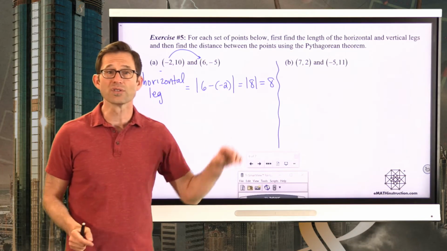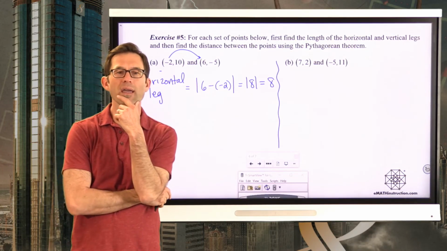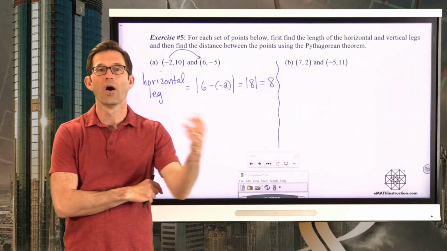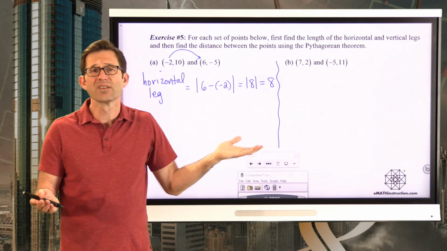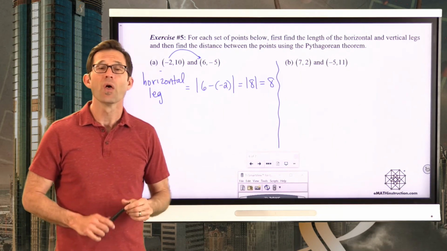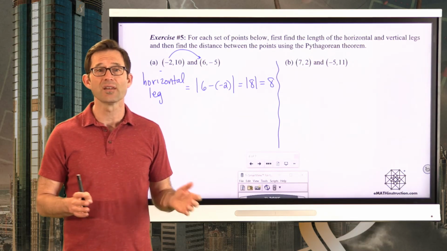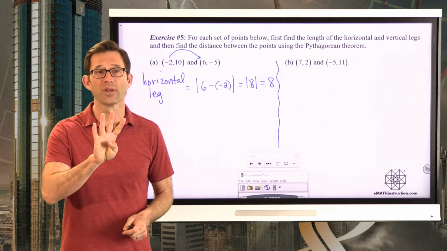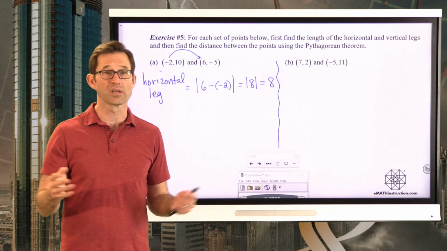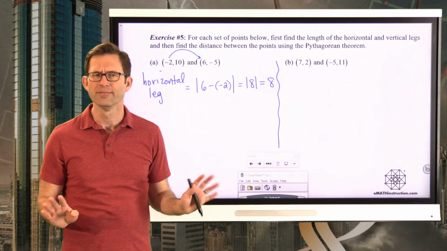Side note, if you can just look at the thing and go, between -2 and 6 is 8 units, awesome. You don't need to do this. The worry is that you might look at 6 and -2 and think that there's only 4 units in between them, because you might go, oh, 6 minus -2 is 4.